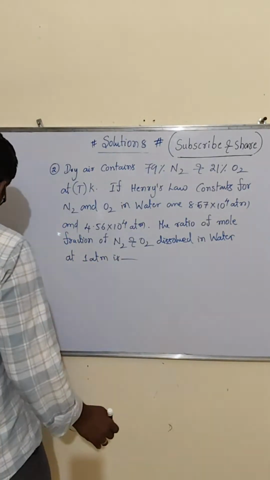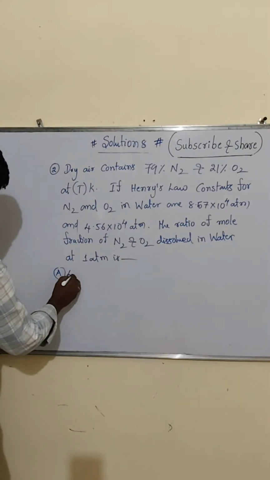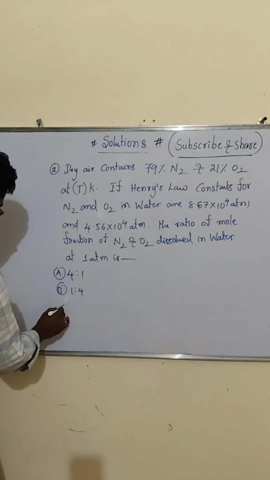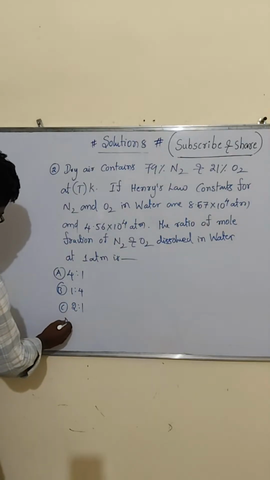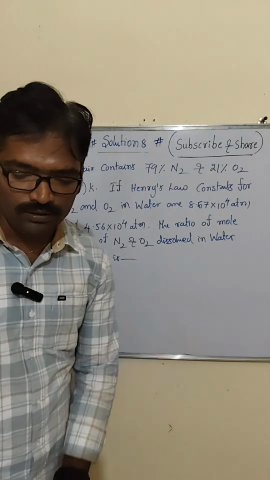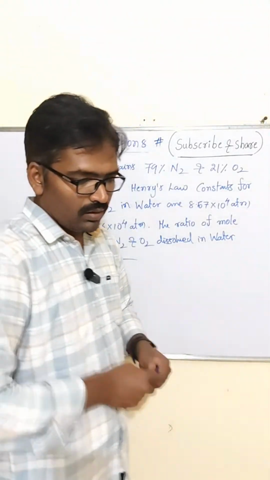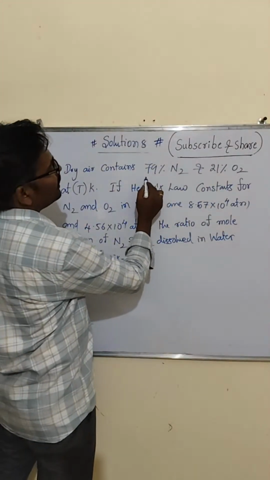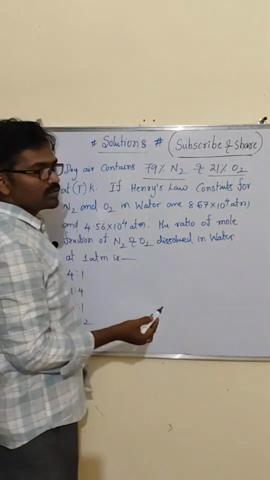this is the question. Observe the question carefully. The ratio they're asking. The options are A, 4:1, option B, 1:4, option C, 2:1, and option D, 1:2. Look at the question carefully. The air contains 78 or 79% of nitrogen and 21% of oxygen.